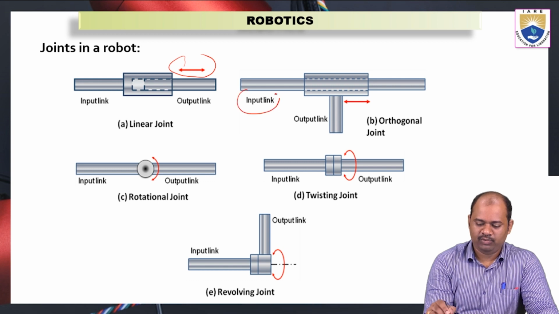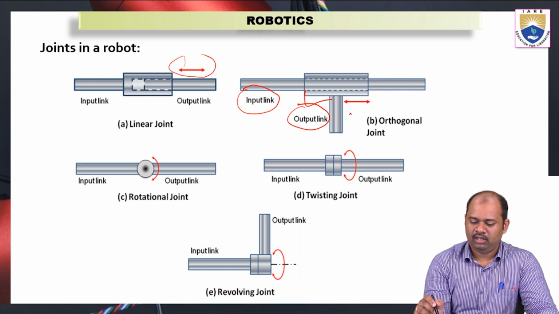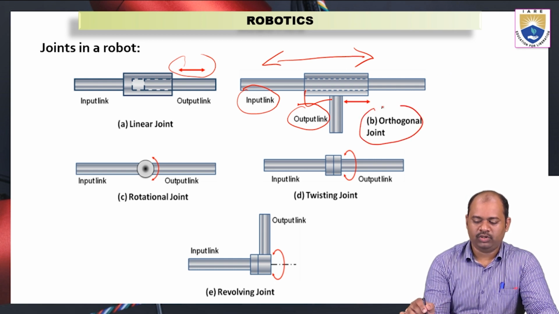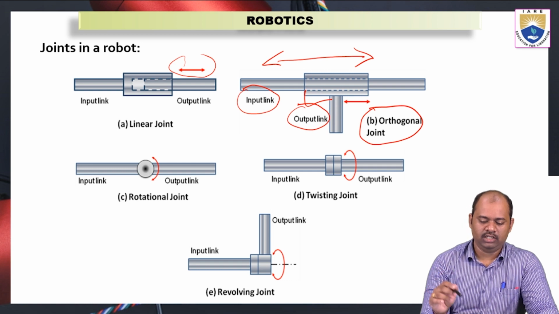See here, the input link and output link are perpendicular to each other. In the linear joint, these two are parallel. Here the output link slides to the left or right on the input link. This is what we call the orthogonal joint. For creating this motion also, we use a hydraulic or pneumatic piston cylinder arrangement.